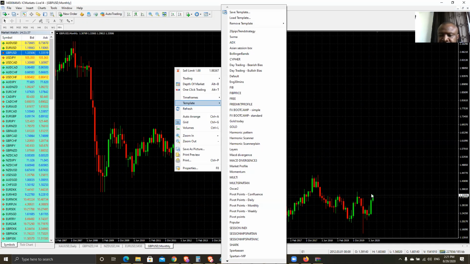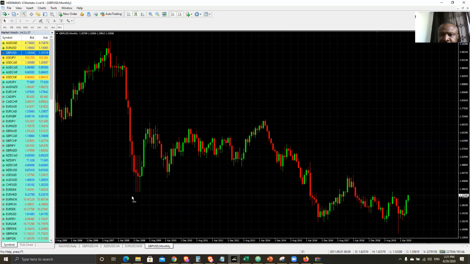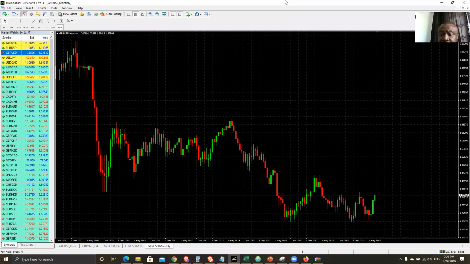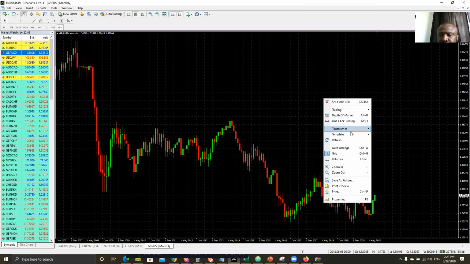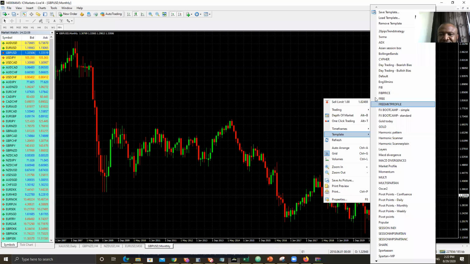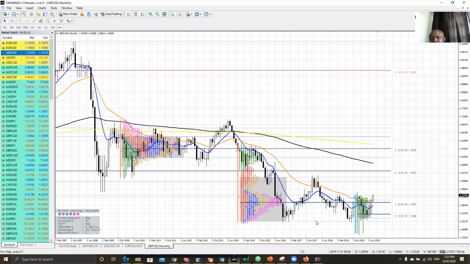So the monthly is literally pushing up. Looking at the pound against the dollar, all we can see is pure strength, pushing up higher.